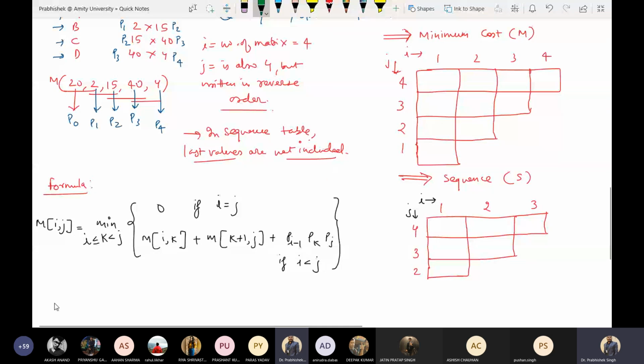Okay, yes. So there are two tables which we have to calculate. First of all, I am talking about the M table. Please understand this thing. The values in the M table are written based on the above formula.